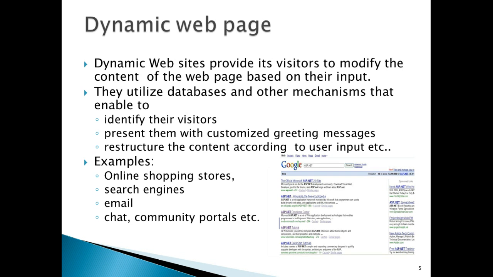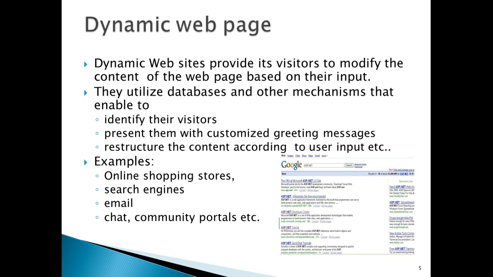They utilize databases and other mechanisms that enable them to identify their visitors and present them with customized greeting messages and restructure the content according to the user input, etc. Simply, a dynamic page is able to interact with the database and with the user.